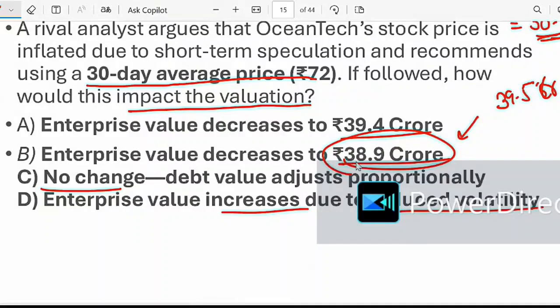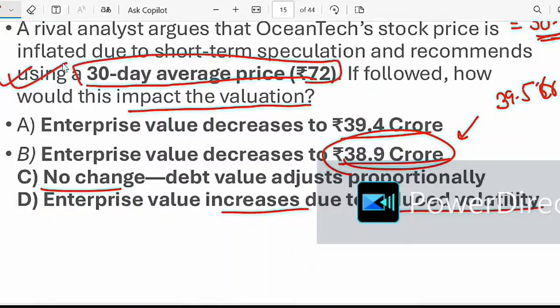You can think of it like buying a house, but the last buyer may have overpaid. So you look at the average price of the past 30 days to avoid being fooled by temporary hype. The same logic applies to shares. Using a 30-day average price gives you a more balanced and often less risky estimate. This is the advantage of using a 30-day average price.